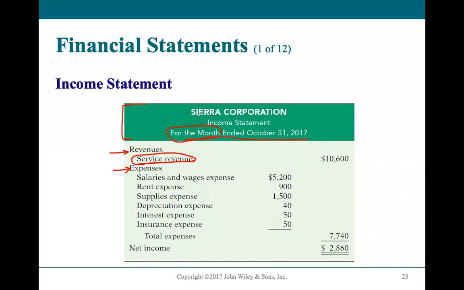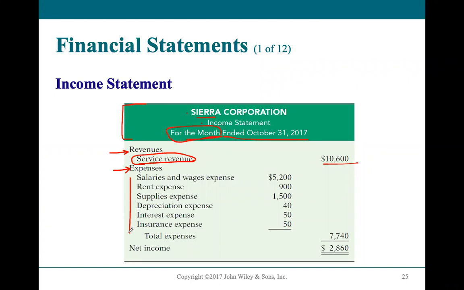Now, Sierra Corporation in the book is a tour company. They do tours of the Sierra Nevada area in California. And so the service revenue that they've earned in the month of October, which as you see here is $10,600 of service revenue, represents probably quite a few tours that they've done over that 31-day period. Of course, in order to actually provide the tours, they obviously had to have expenses.